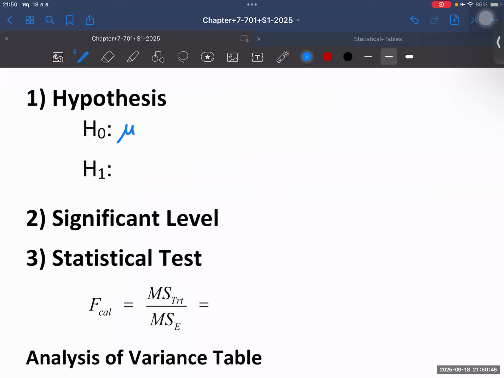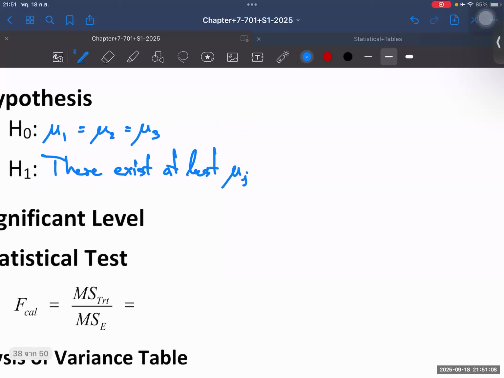So we set up H0: mu1 is equal to mu2 is equal to mu3. H1: there exists at least one mu j that differs from the other values. Okay.